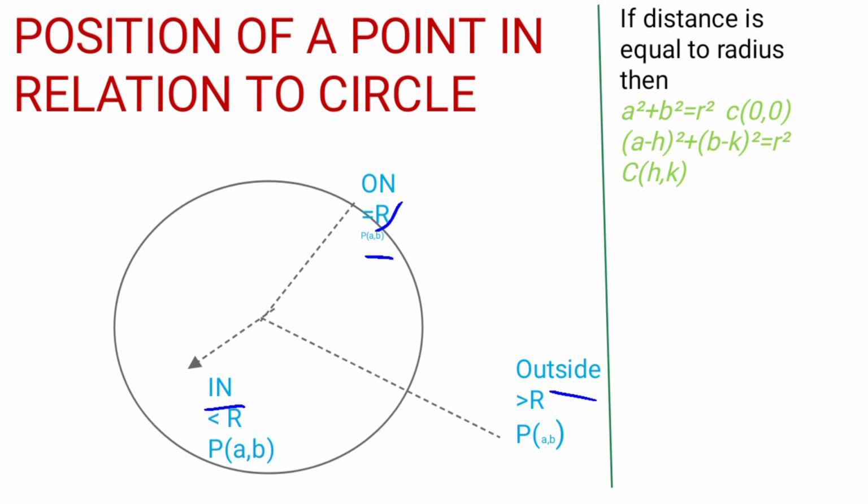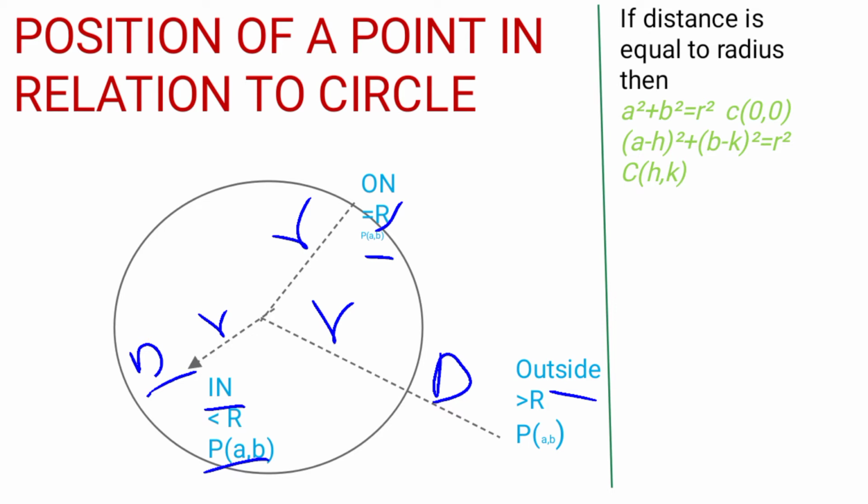If it is inside, the distance is less than the radius. And if it's outside, the distance is greater than the radius. The distance is here, and here is the radius.